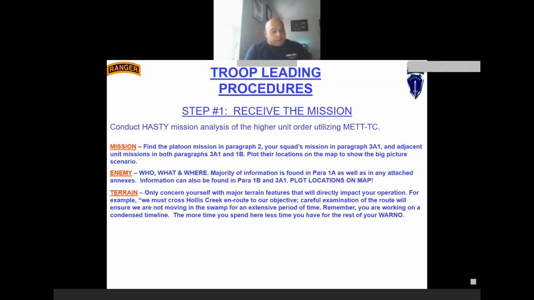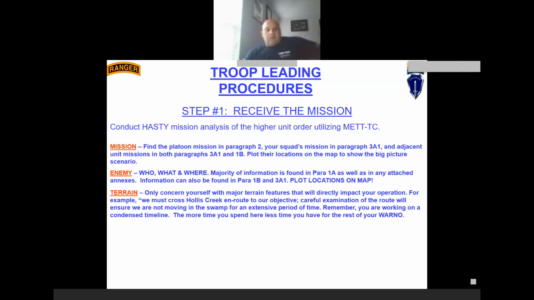And sometimes terrain will also help you to gain your speed of your movement during your en route to your objective as well, and also plays with enemy.